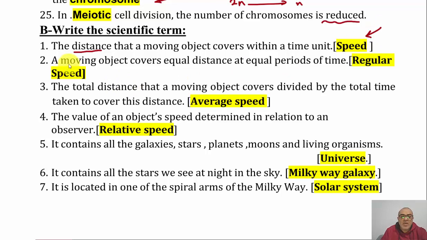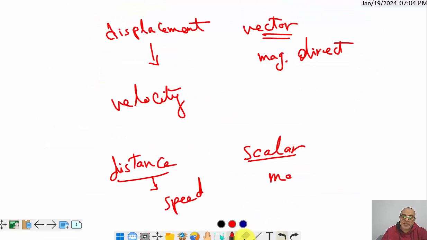Question number 2: a moving object covers equal distances at equal periods of time. So it is regular speed. Why is it regular? Let's go to the explanation.